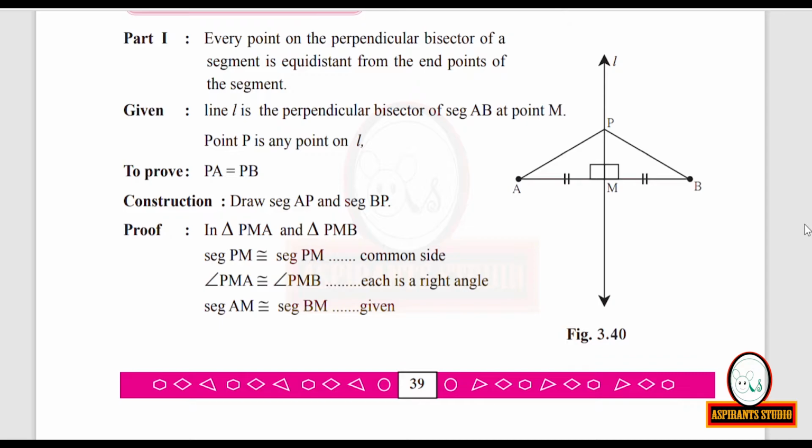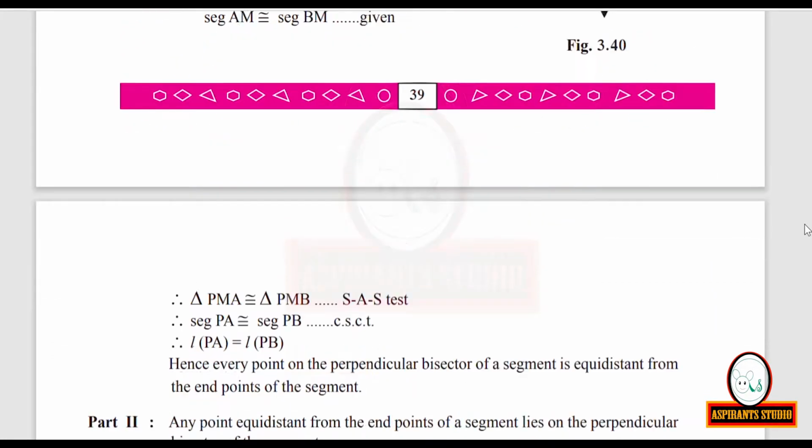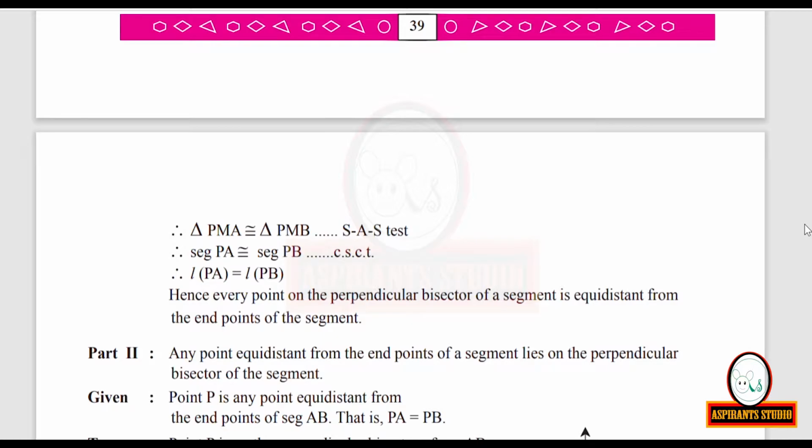Segment AM is congruent to segment BM is given. Now this angle PMA is the included angle between the sides PM and AM. Similarly, angle PMB is the included angle between the sides PM and BM. So we can use SAS test and prove that these two triangles are congruent. Therefore, triangle PMA is congruent to triangle PMB by SAS test.